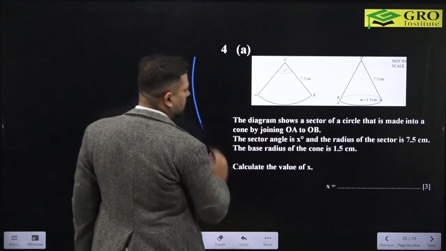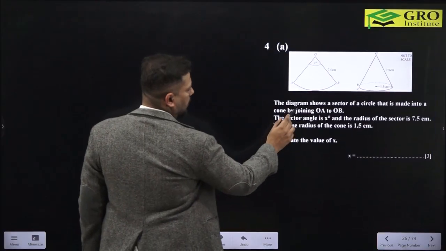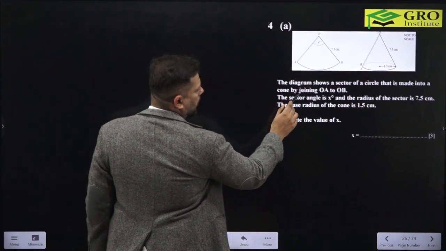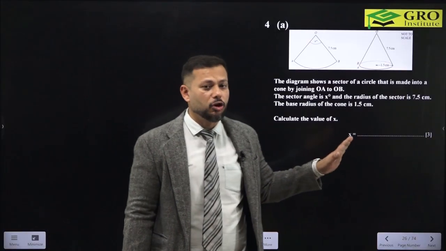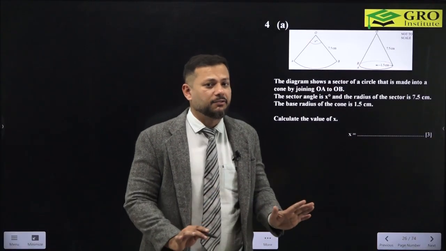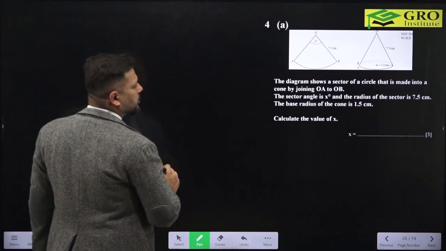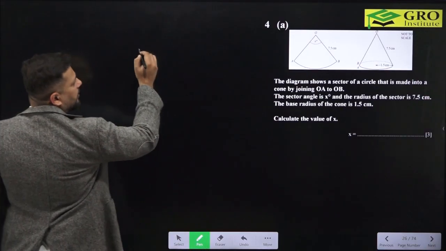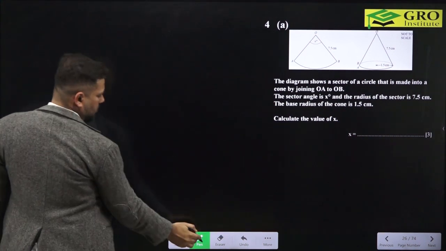I'll just reduce its size a little bit so that we get more space for our working. Yeah, that's much better now. Okay, so this question is of 3 marks, guys. So we need to be very careful about all the relevant steps that we need to put in over here. So yes, let us first of all write what is being given. We are being given the sector radius.